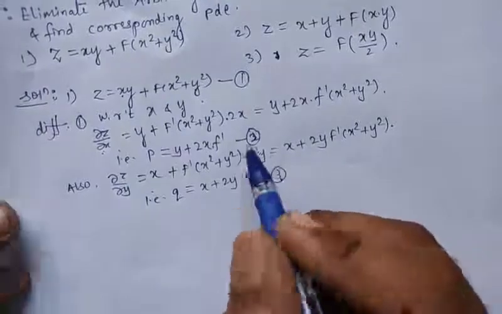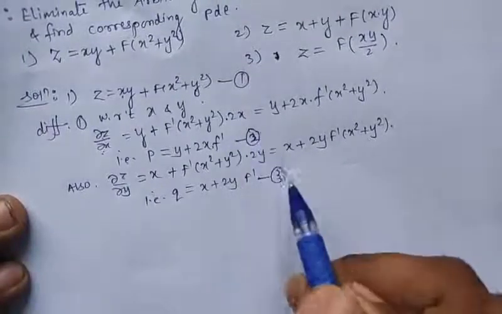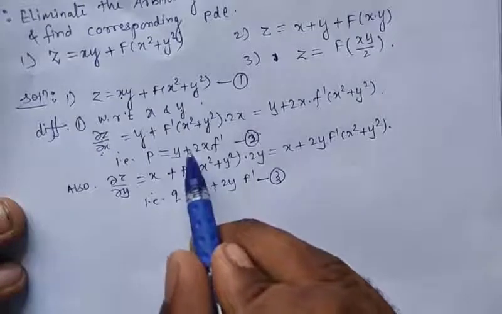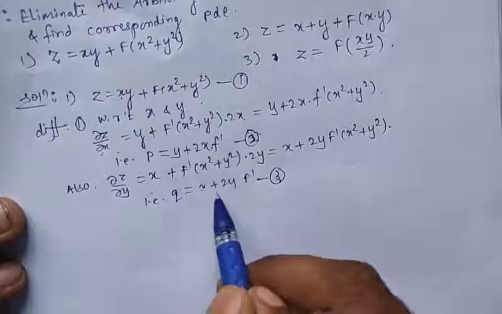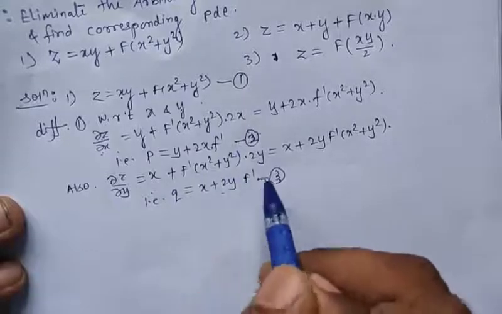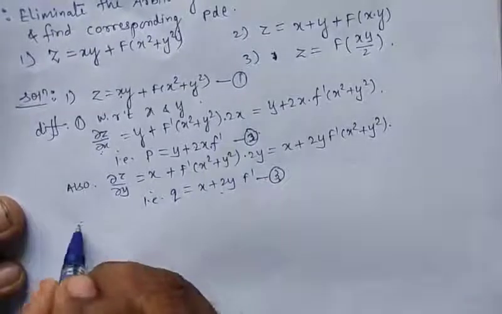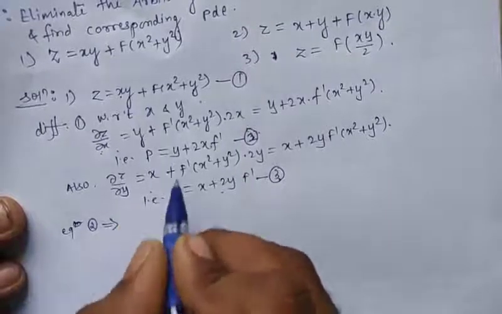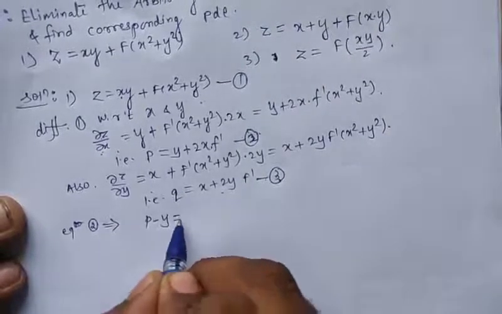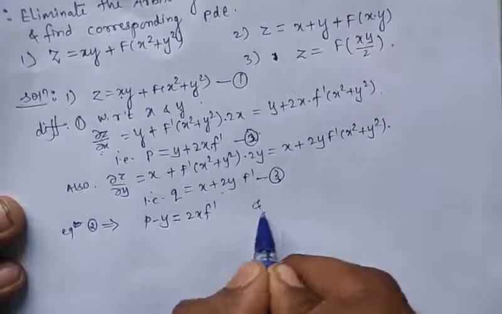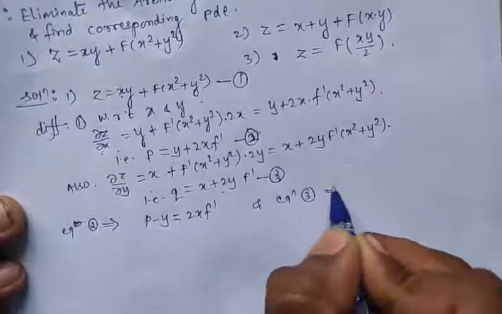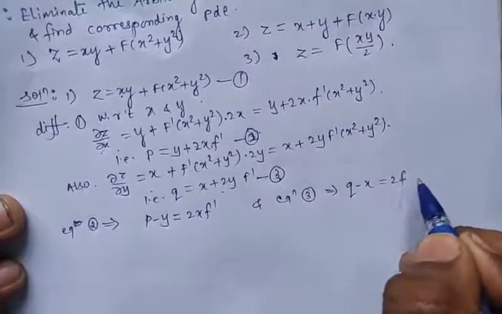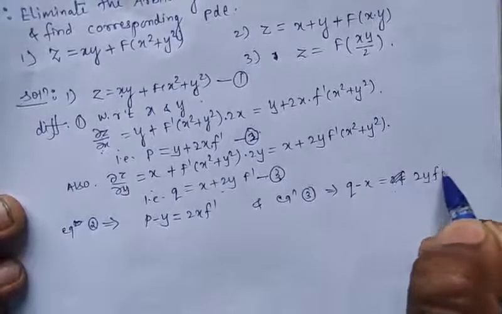Now to eliminate the arbitrary function f dash from equations 2 and 3, how to remove? Now I will transfer the remaining term to the left side and divide 2 by 3. Equation 2 can be written as p minus y is equal to twice x f dash, and equation 3 can be written as q minus x is equal to twice y into f dash.